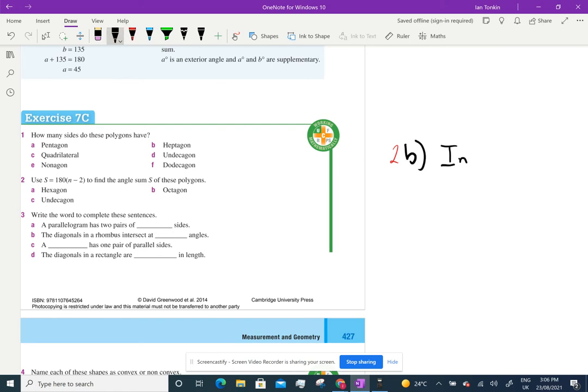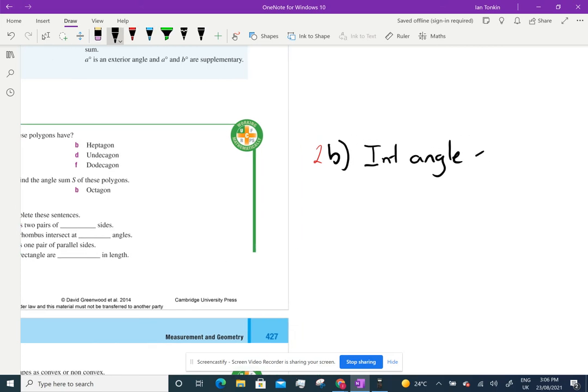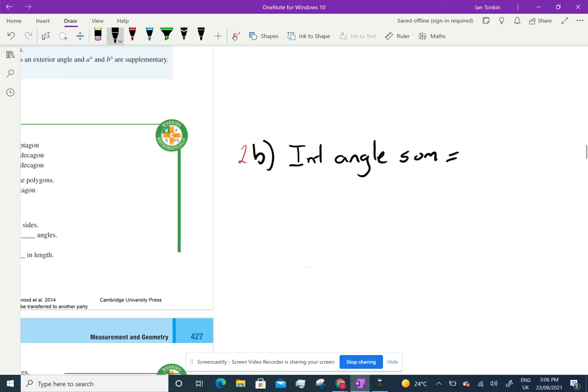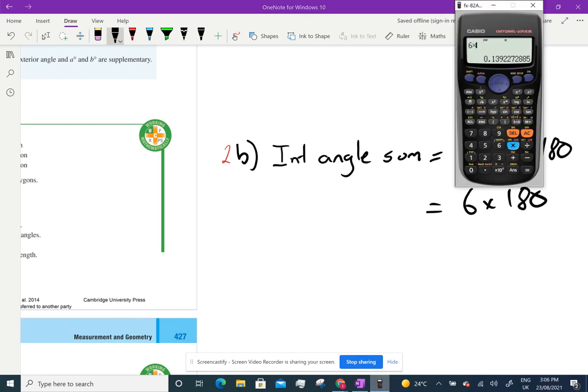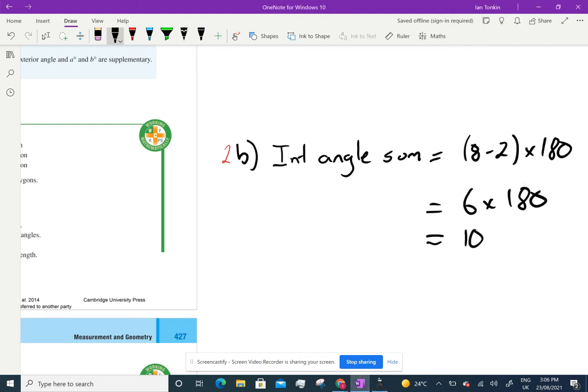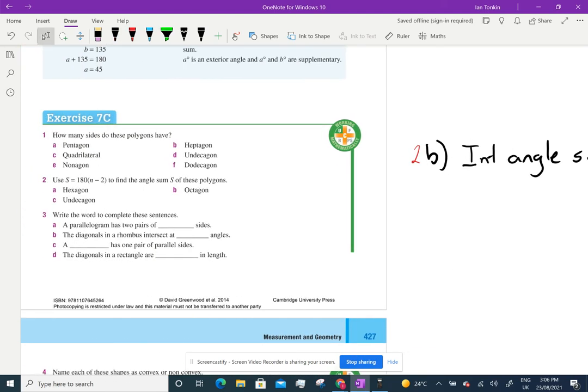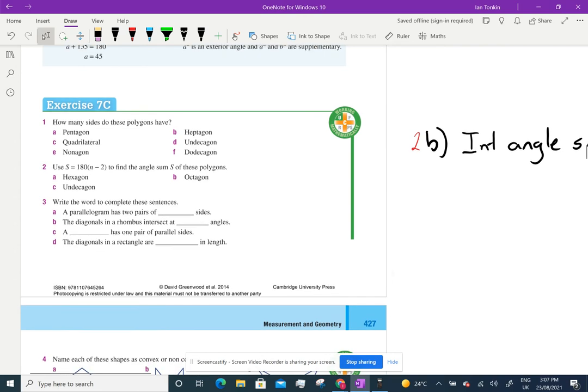Interior angle sum equals, well, an octagon's 8, so 8 minus 2 times 180, 6 times 180, go to your calculator, 1080 degrees. The angle sum, the interior angle sum. You can do questions A and C.